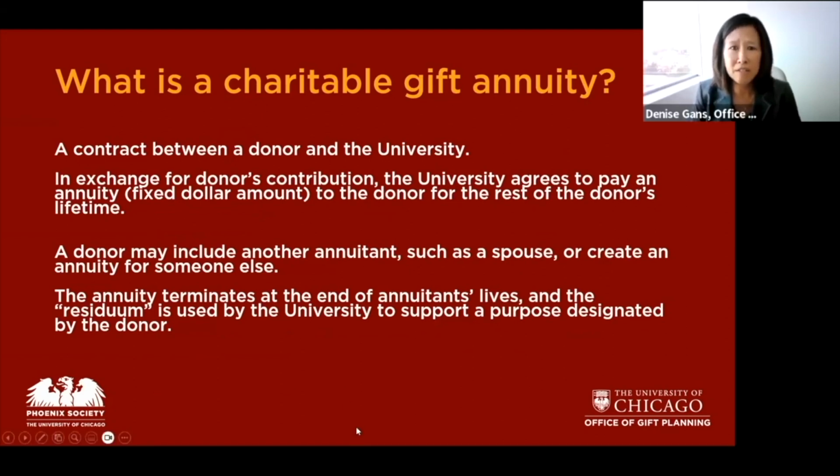That invested amount supports the annuity payments and has grown, and it's that excess of the investment amount beyond what was used to make the payments that comprises the donor's charitable gift to the university. And it can be designated by the donor to support a specific purpose or program at the university, and it can even be used, if a sufficient amount is there, to set up an endowment fund.